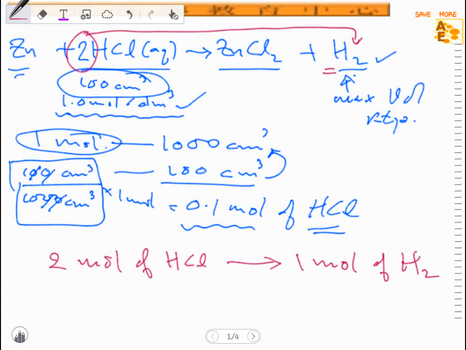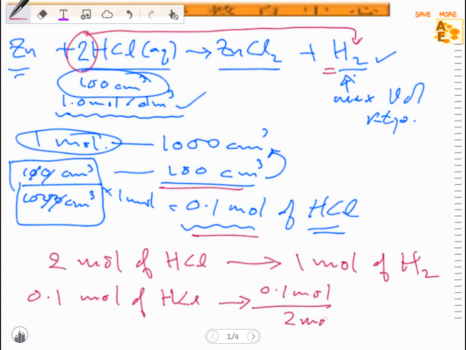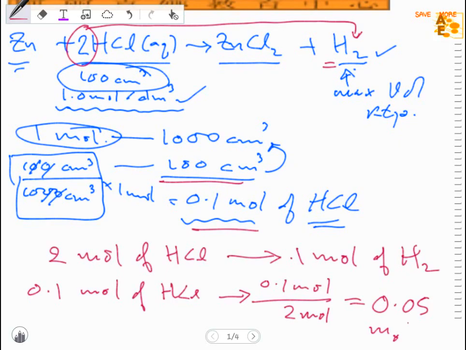But with 100 cubic cm of that acid, we only use 0.1 mole of HCl. That gives 0.1 mole divided by 2 mole, multiplied by 1 mole. 0.1 divided by 2 gives 0.05 mole of hydrogen gas evolved.